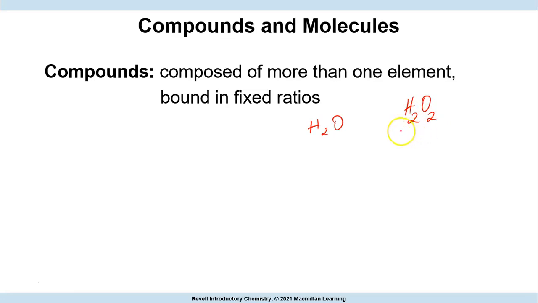So hydrogen peroxide has a fixed composition of hydrogen and oxygen, that is a compound. Water also has a fixed composition of hydrogen and oxygen. So if you just change the composition of hydrogen or oxygen in water, it will no more be water. So you must always remember, when we talk of substances, there is that fixed composition.